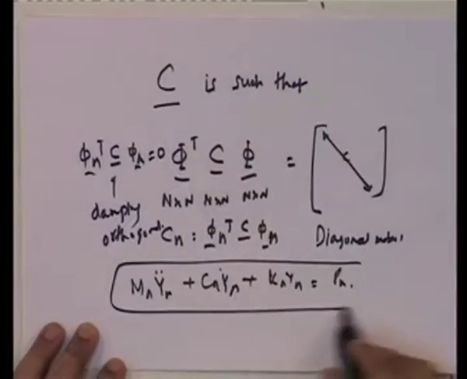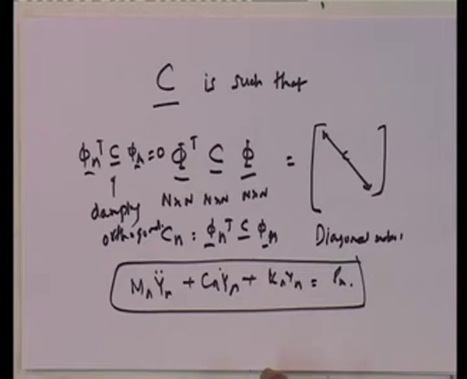Remember, we already showed that it is orthogonal with respect to the mass matrix, it is orthogonal with respect to the stiffness matrix. Now, we are saying that for us to ensure this, which is the uncoupled modal amplitude equation, we have to have the mode shape vector also orthogonal with respect to the damping matrix.